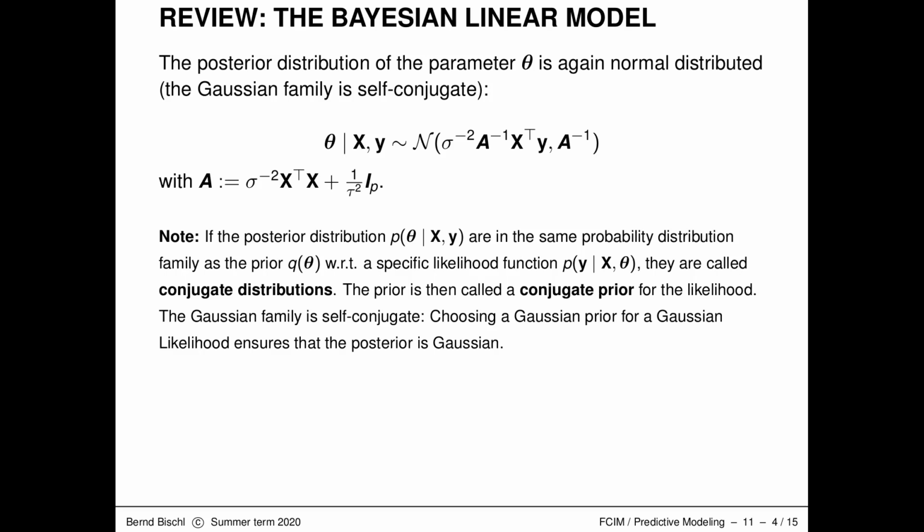So we say if the posterior distribution is in the same probability distribution family as the prior distribution with regard to a specific likelihood function, then we call these distributions conjugate distributions. And the prior is called the conjugate prior for that specific likelihood. The Gaussian family has the super nice property that it's self-conjugate. So choosing a Gaussian prior for a Gaussian likelihood ensures that the posterior is also Gaussian. And this is exactly what we'll see on the next slides.